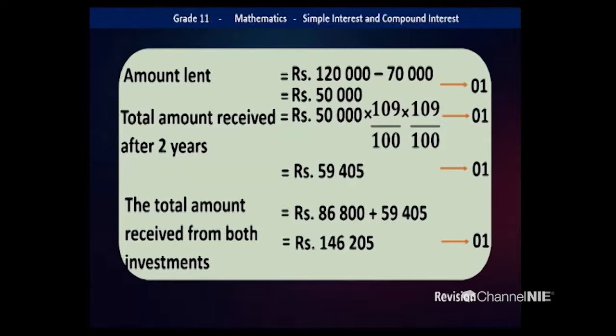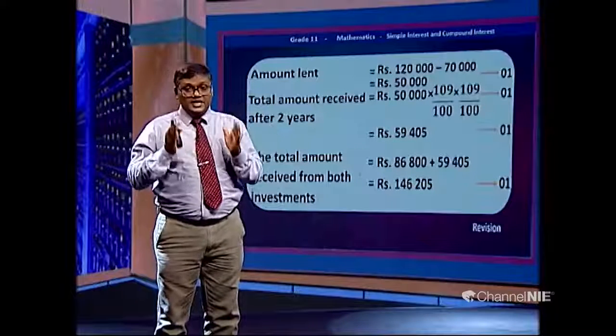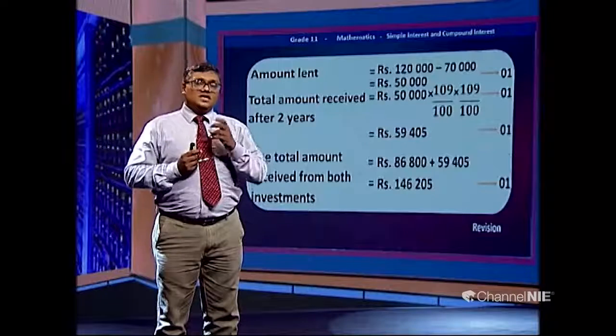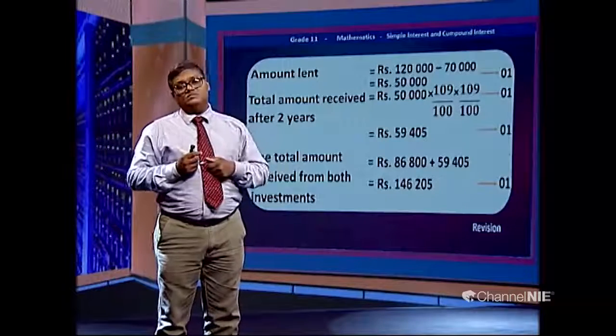Having calculated the income from both investments, the grand total income 146,205. Now see, they give only 2 questions, but we have to follow several steps to find that particular answer. Therefore, these steps should be analyzed by you.